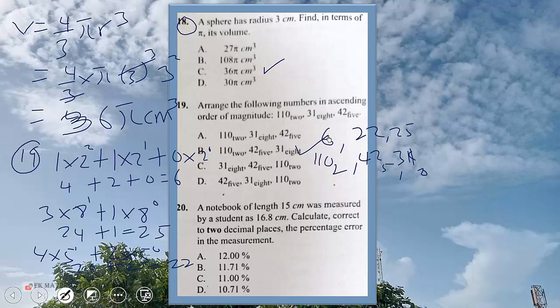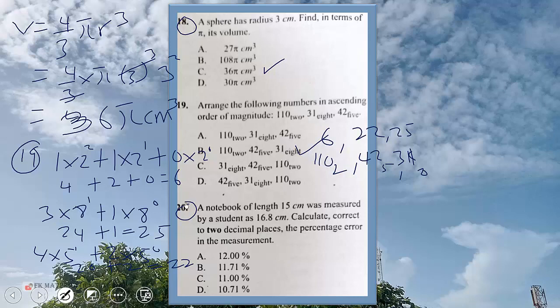Question number 20. A notebook of length 15 centimeters was measured by a student as 16.8 centimeters. Calculate, correct to 2 decimal places, the percentage error in measurement.